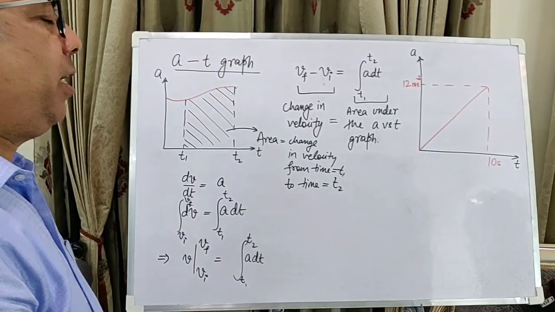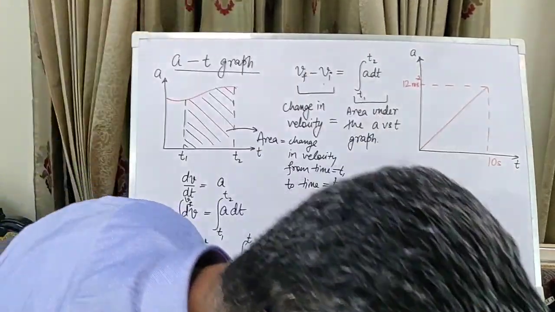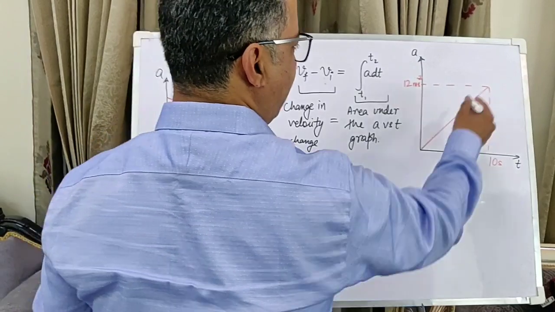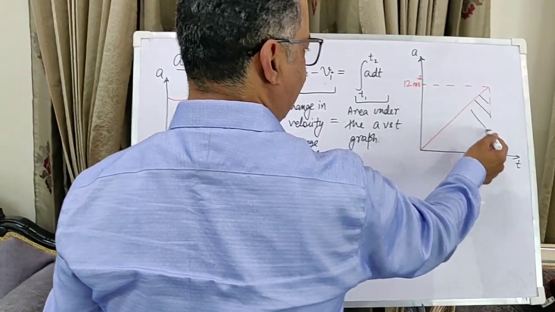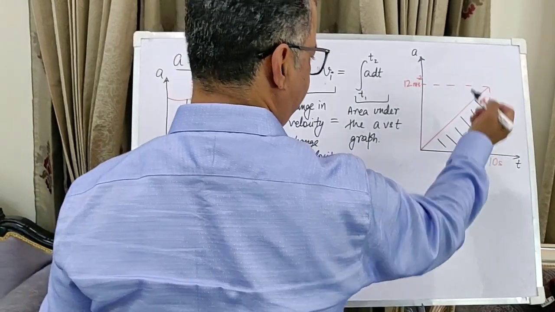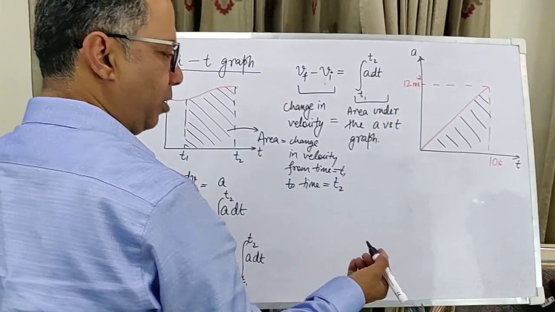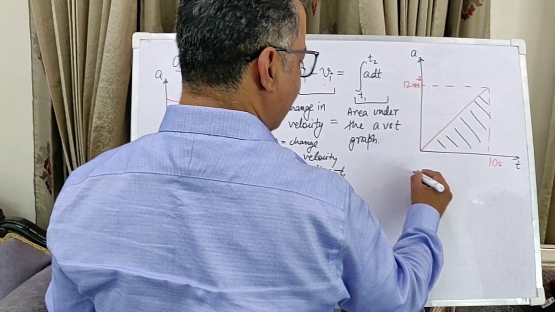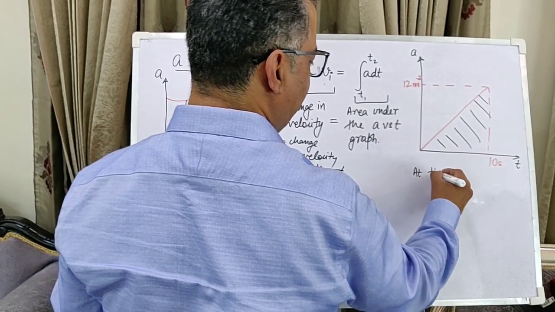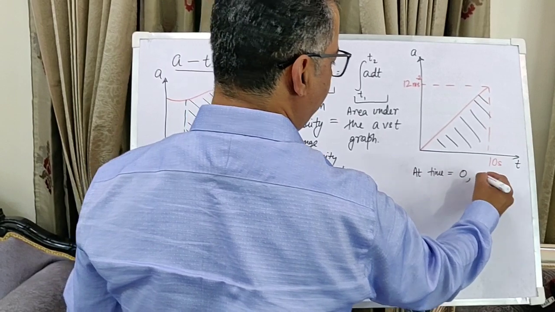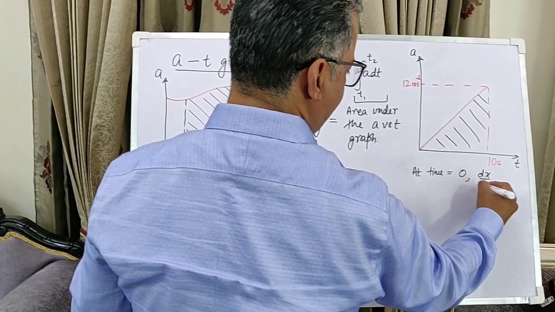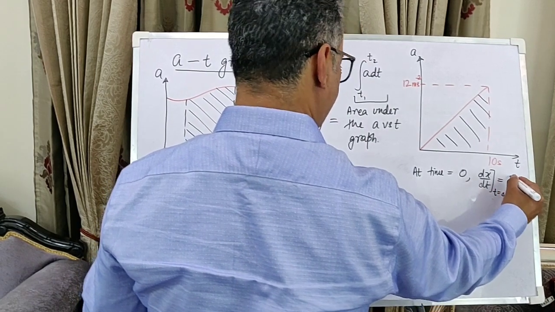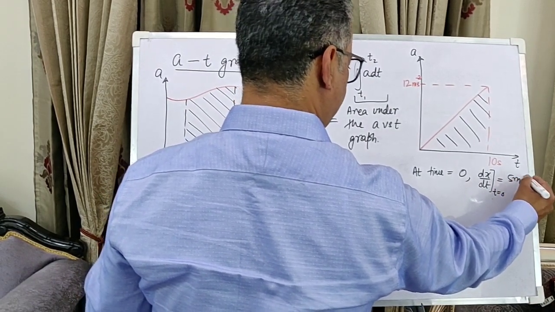Now if you're interested in calculating a change in velocity during this interval, it's a straight line graph, so all you need to do is calculate this area, the area of the triangle, and that gives you the change in velocity. Let's say it is told that at time equal to 0, velocity, that is dx by dt, at t equal to 0 is 5 meter per second.